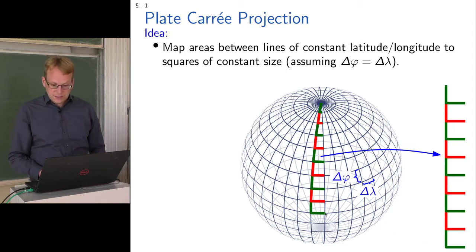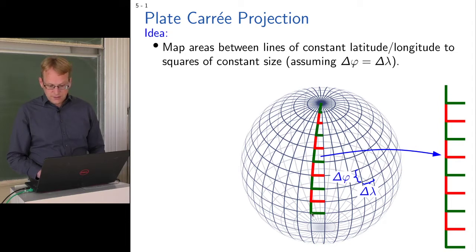So basically, that is fine with these vertical lines, because on the Earth's surface they all have the same length. So you see this green and the red line, and the green and this red line, and so on. They all have the same length. And similarly, we display them in the map with the same length.